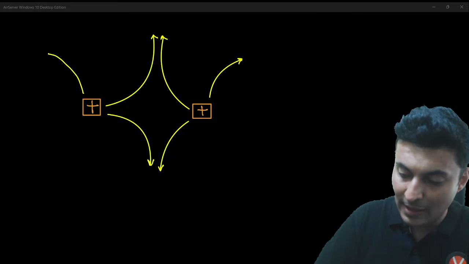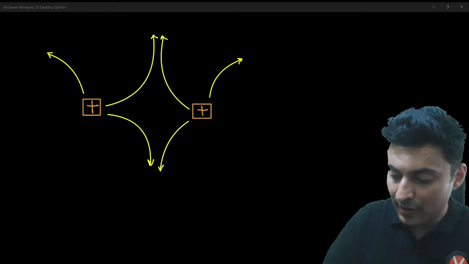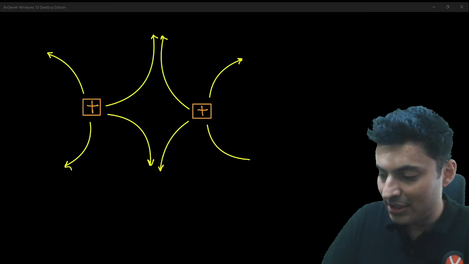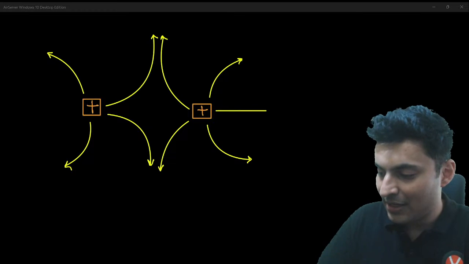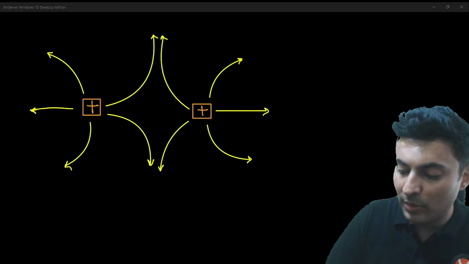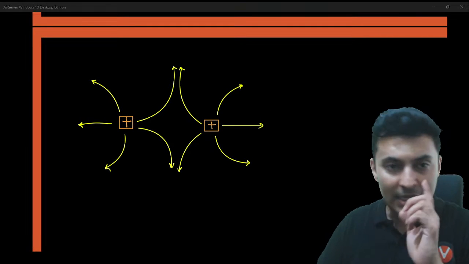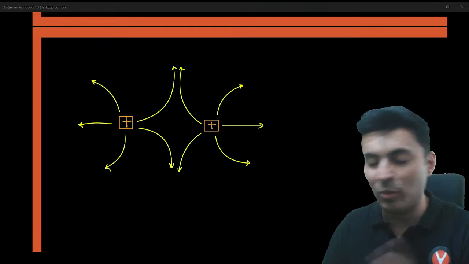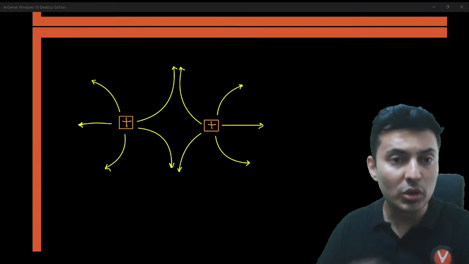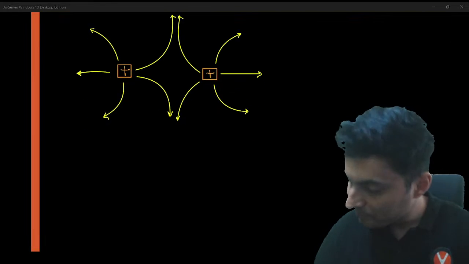Something like this. This is how the field lines look. Quite a lot of difference between the graphs for a dipole, with positive and negative charges, and for two similar charges. You should know how to draw all of them.